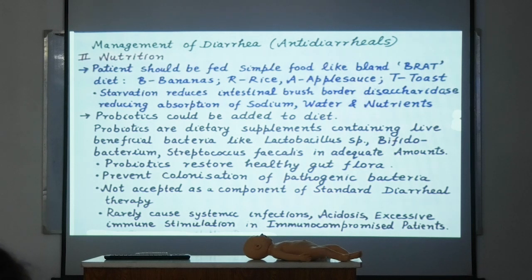If those beneficial bacteria are lost because of an infective diarrhea or a prolonged course of antibiotics, what happens? Those bacteria get killed, and there is colonization by pathogenic bacteria. When the good bacteria die, harmful bacteria come through food and start settling there, and there will be diarrhea. This is called antibiotic associated diarrhea.